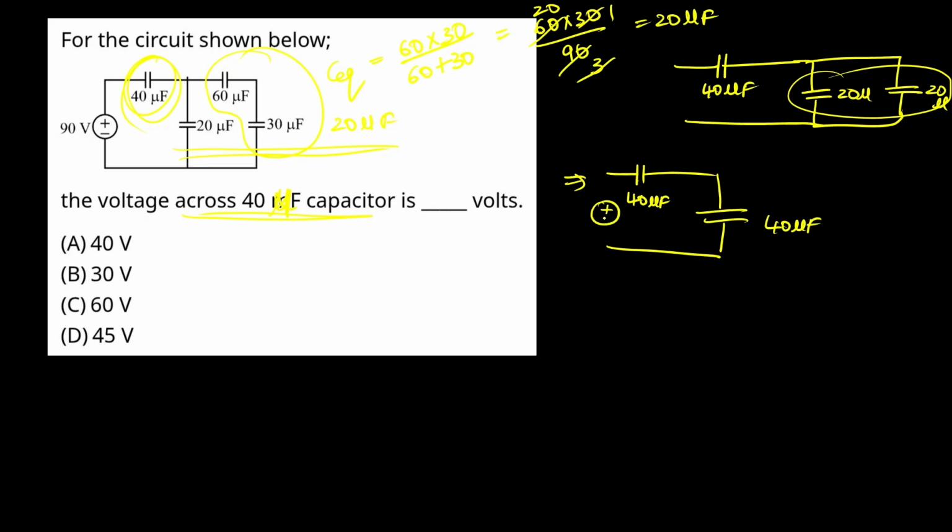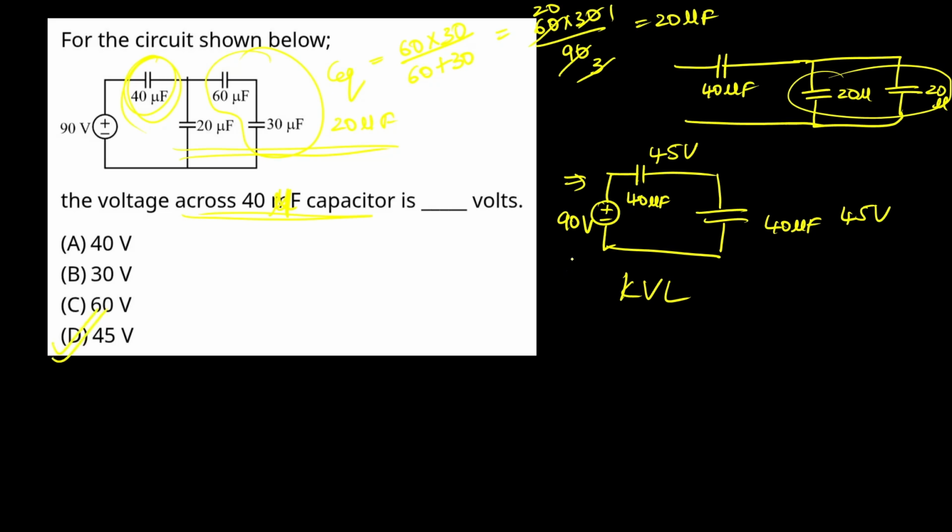Here the voltage connected is 90 volts. So as per KVL, Kirchhoff's voltage law, here 45 volts will be dropped and here 45 volts will be dropped, because both capacitances are the same. So the correct option for this question is D.